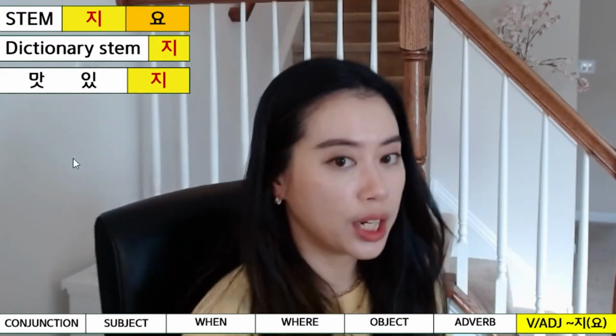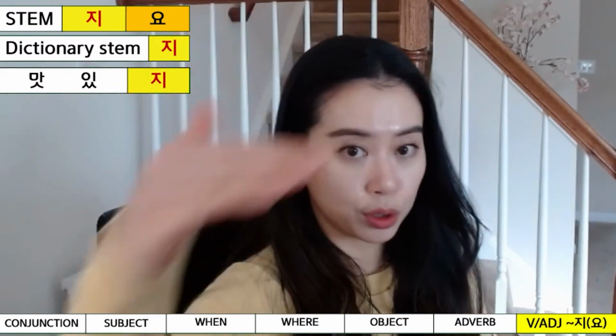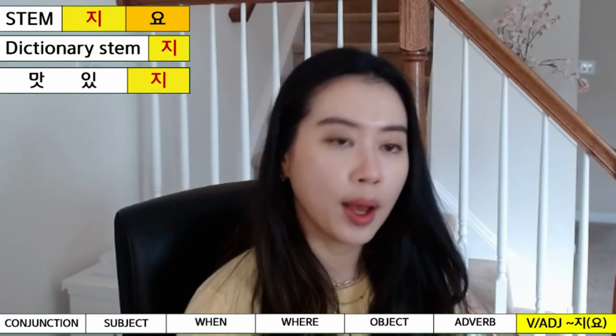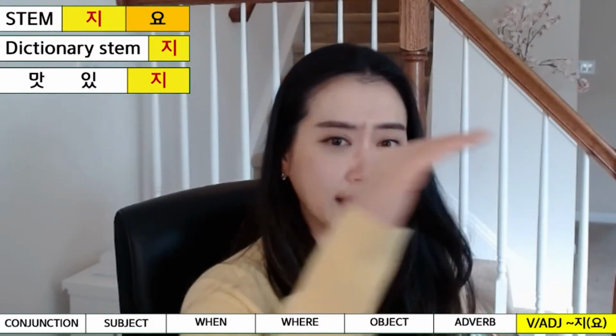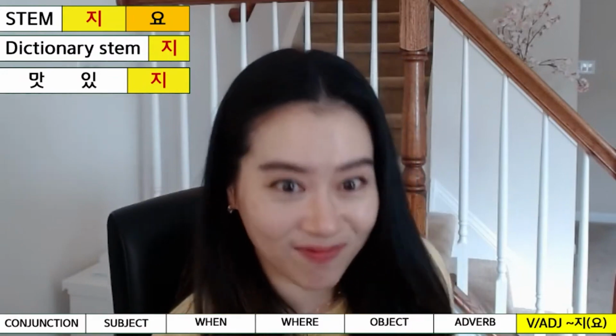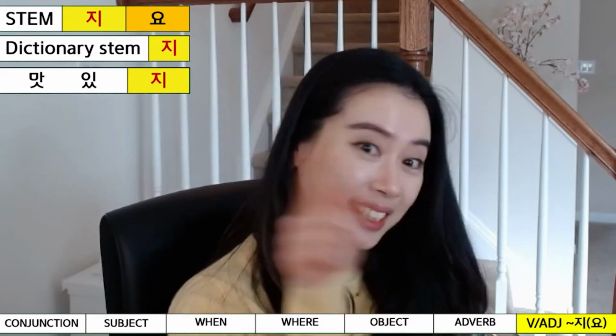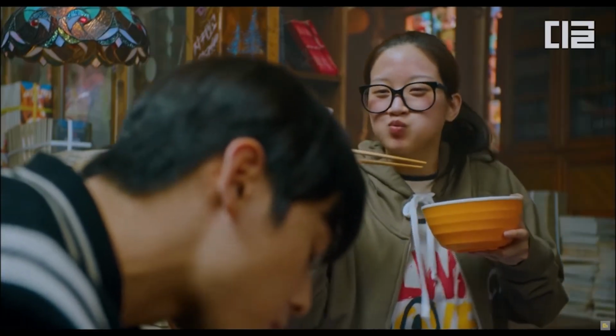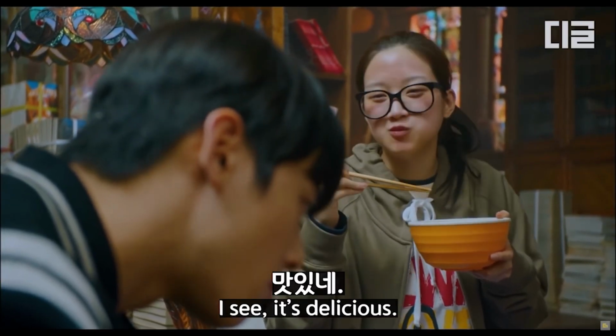Intonation, you could either raise it or drop it. For example, it's delicious, isn't it? Right? So like that, you can say 맛있지. Oh, 맛있지. Say yes. Or 맛있지? Right? 어때? 맛있지, 맛있지. 맛있네.